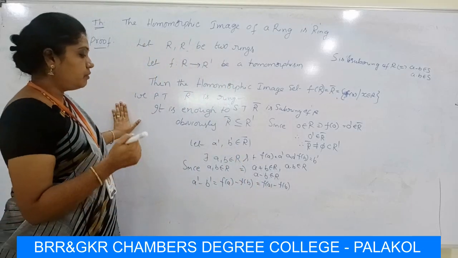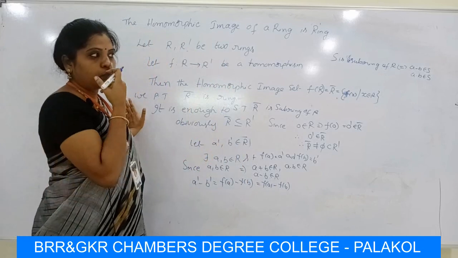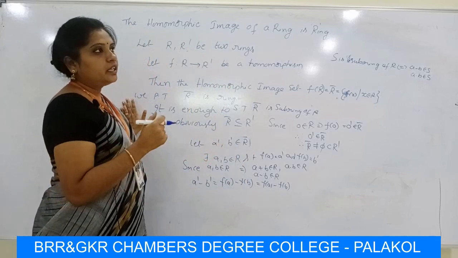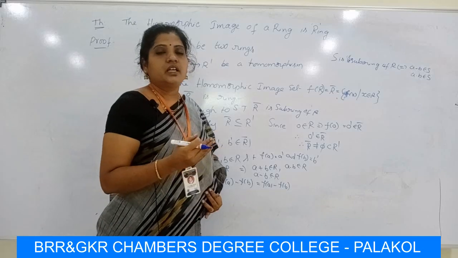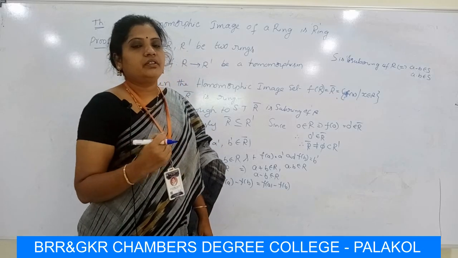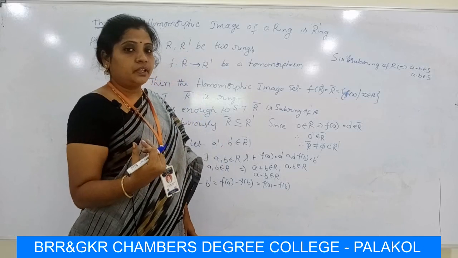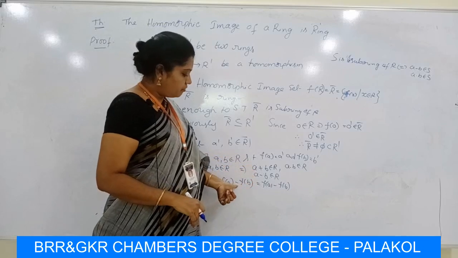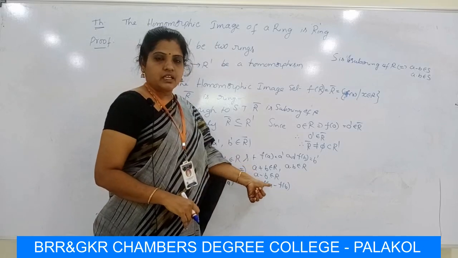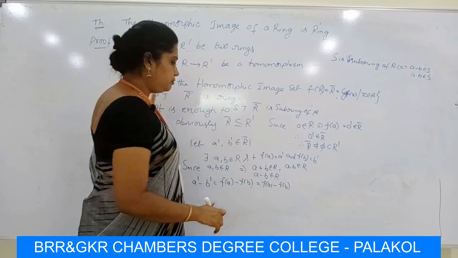Already I proved one theorem, that if the mapping f maps R to R dash is a homomorphism, then we have three conditions: f of 0 is equal to 0 dash, f of minus a is equal to minus f of a, and third, f of a minus b is equal to f of a minus f of b. By that theorem, f of a minus f of b can be written as f of a minus b because f is a homomorphism.